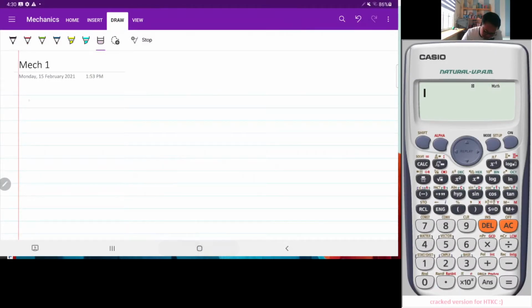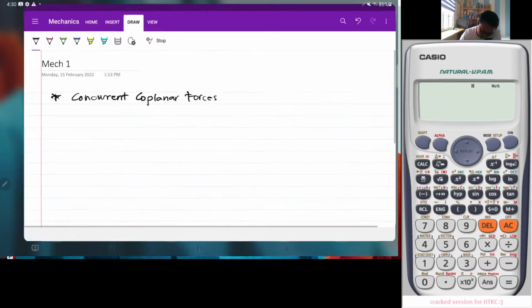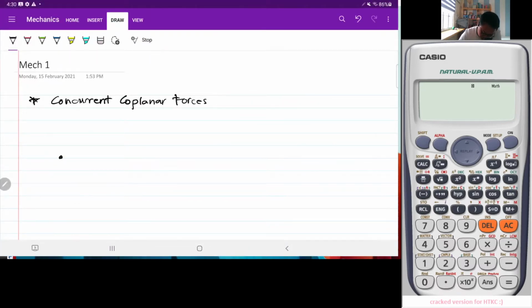So first is the concurrent coplanar forces. So what are these forces? Ibig sabihin nito class, we have a common point for all the forces.